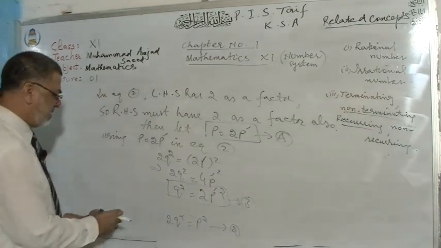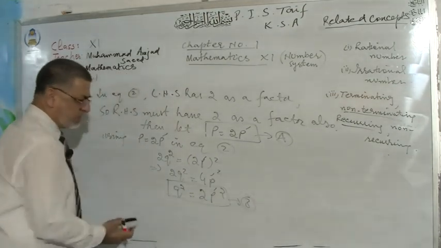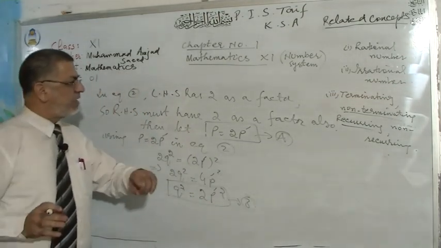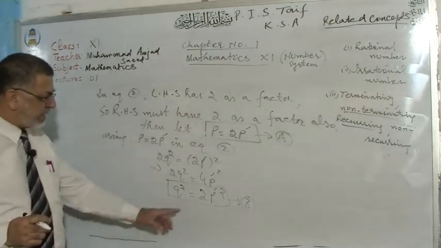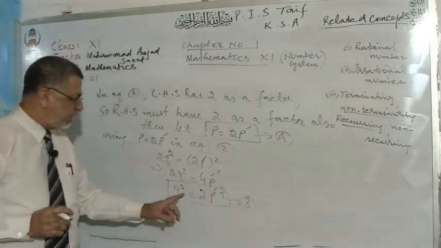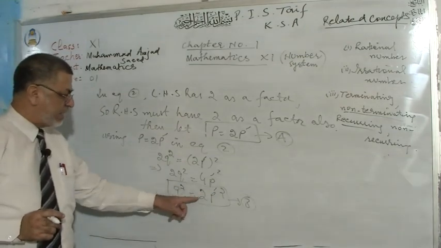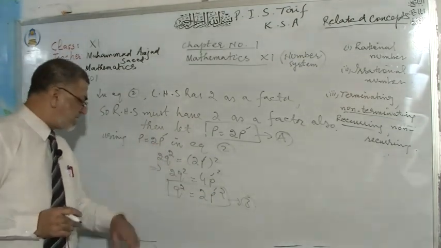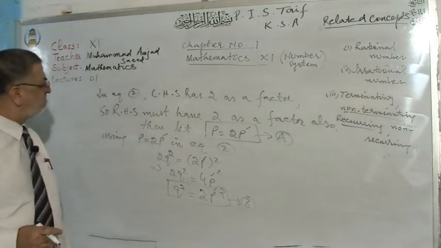Same logic, just like the logic of equation number 2: in equation 2, the right hand side has 2 as a factor, so there must be 2 as a factor of the left hand side.